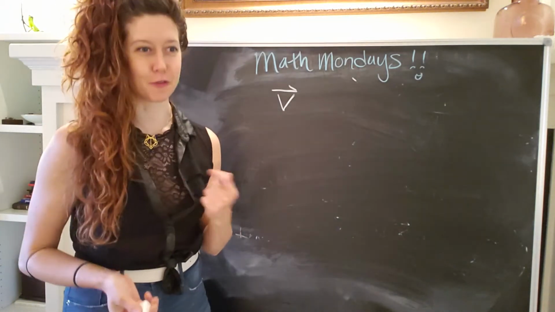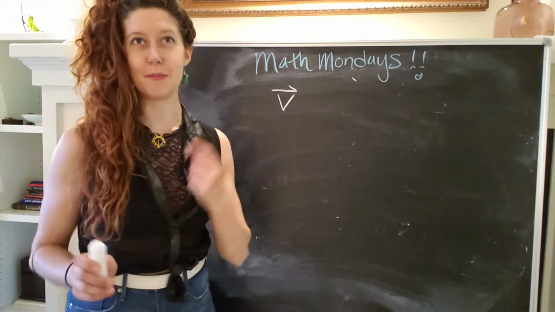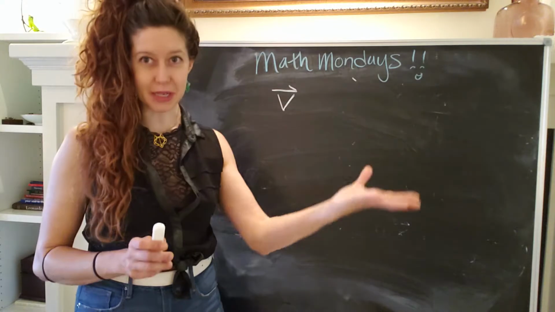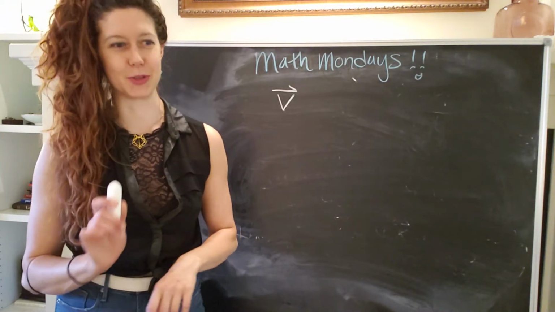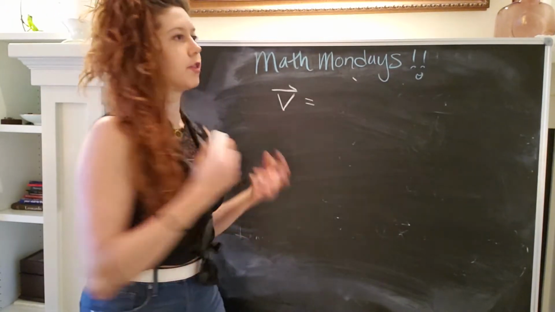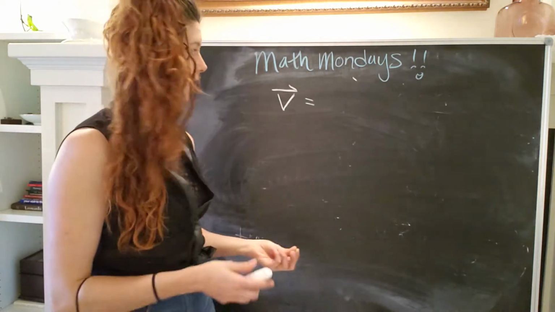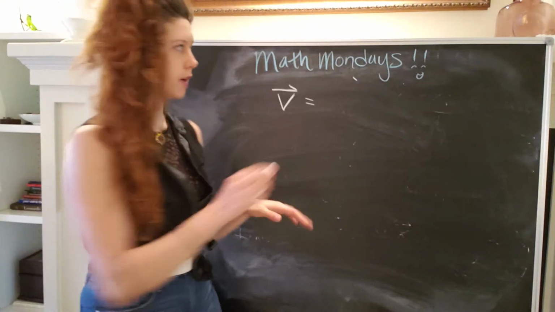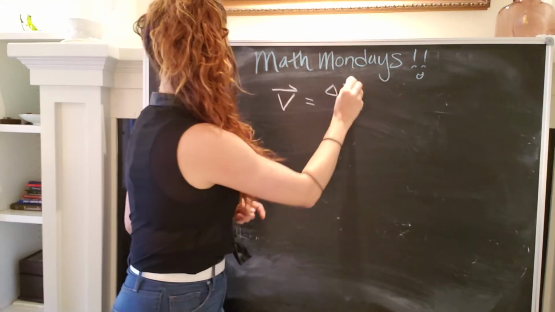If you're trying to get to your friend's house, the direction is important. Your friend might not care about the speed at which you get to their house, but they definitely care about the direction. So velocity is defined to be the change in position over the change in time. If we're looking at this outside of calculus, we can write that by a little triangle.